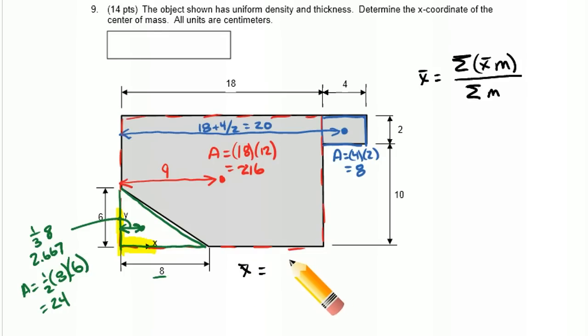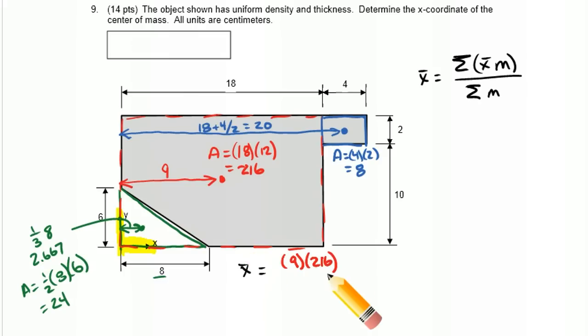So x bar is going to be, and we'll use color coding since we have it here, I'll do the red one first since I started with that in my description. So its x bar is going to be 9 and its area is going to be 216. Remember, area and mass are proportional because of uniform thickness and density.